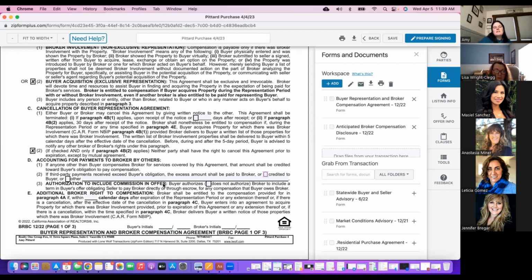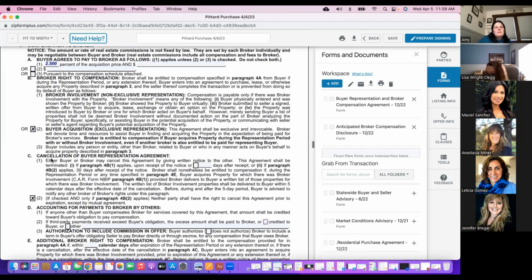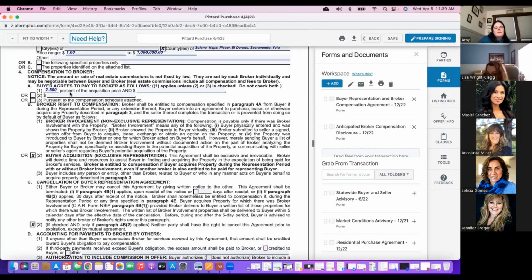Okay, so I don't check this box either. This does not authorize. Additional broker right to compensation. Broker shall be entitled to the compensation provided for in paragraph 4A, right? That's 4A up here. That percentage.